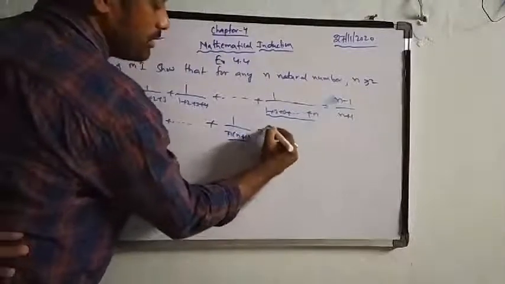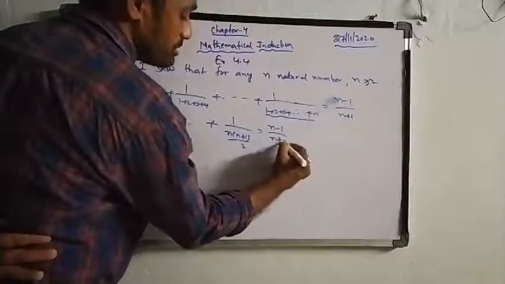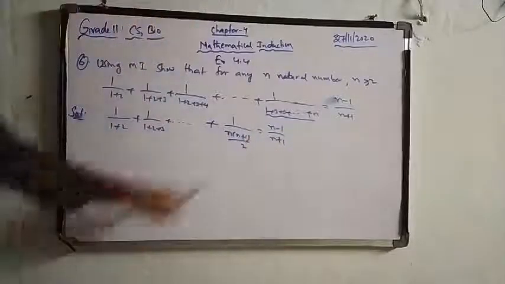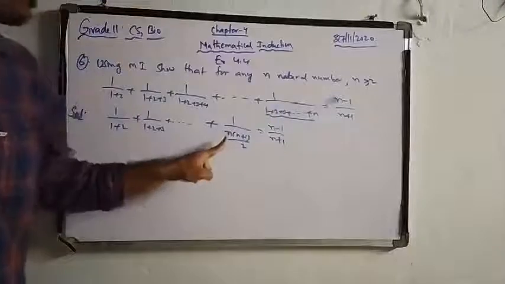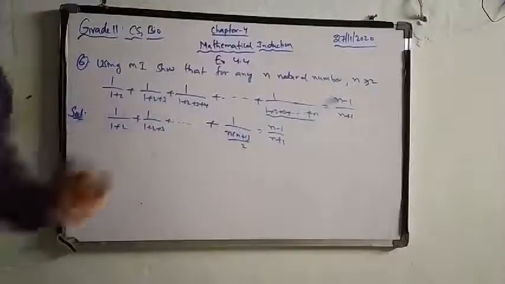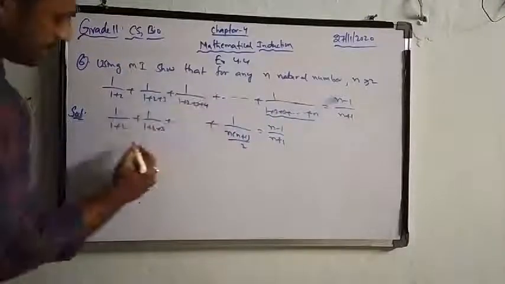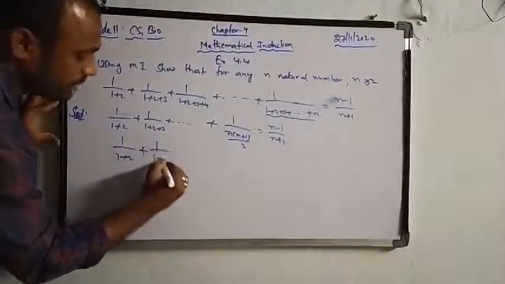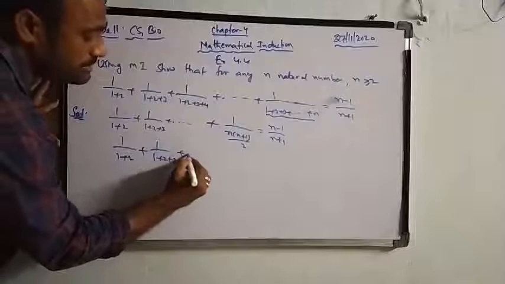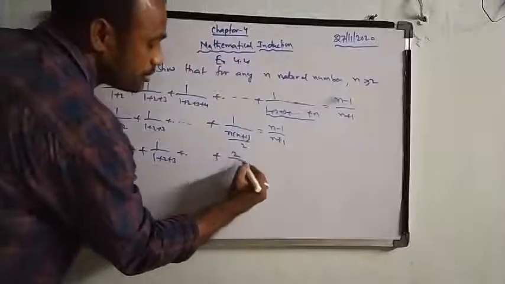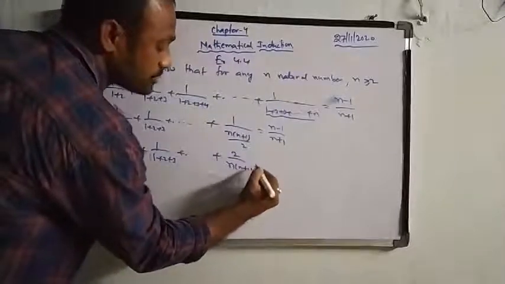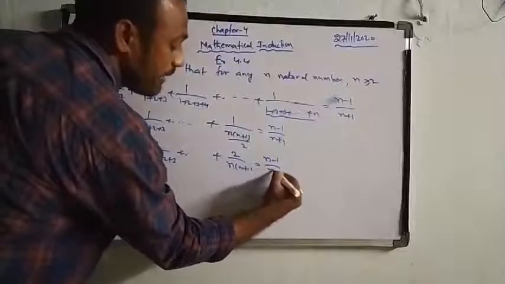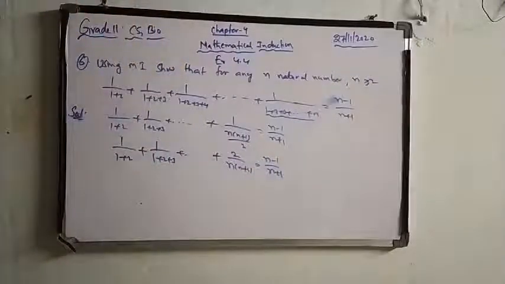We have already seen this in the example questions. If I transpose the 2 to the numerator, the simplified form will be 1/(1+2) + ... + 2/(n(n+1)) = (n−1)/(n+1).